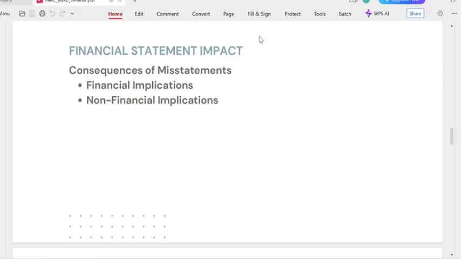That would lead to financial statements where the assets written in them are not actually the assets which the company owns.